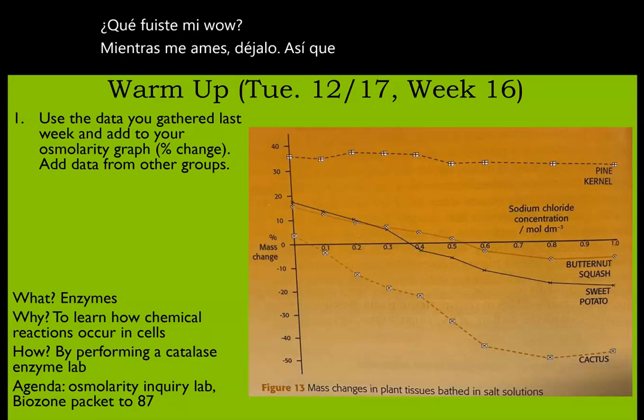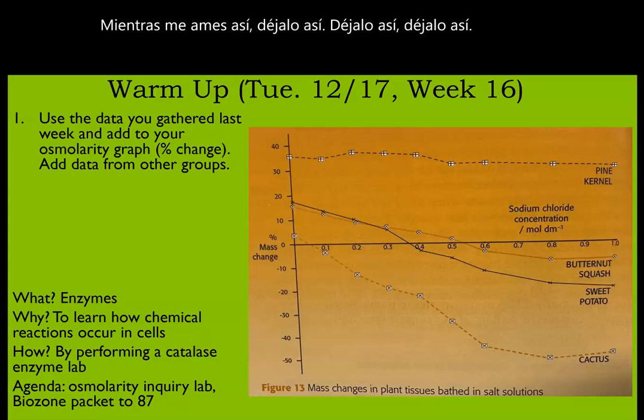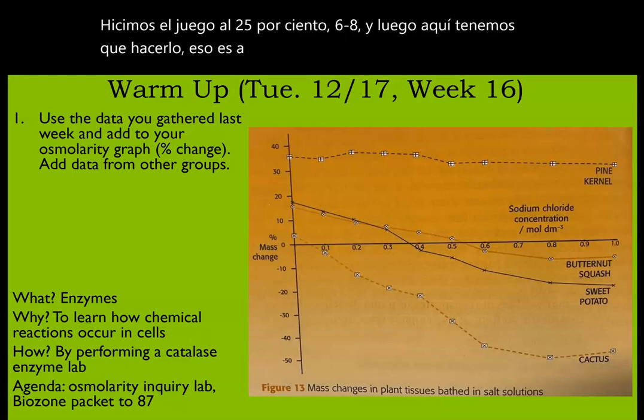What happened with Turner? Gain 25%, 6, 8, and then here that's at 9%, 17, and 2.